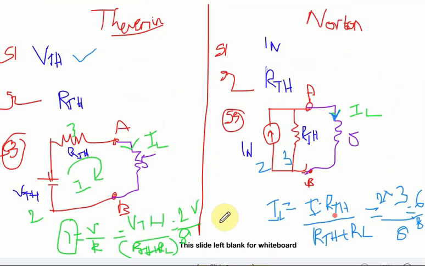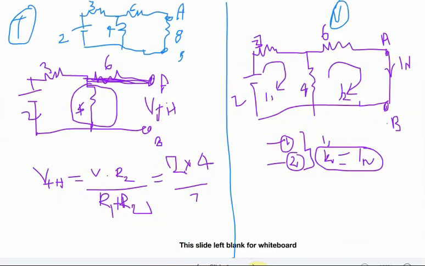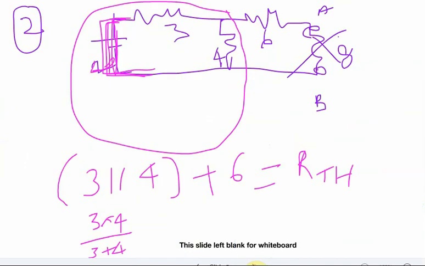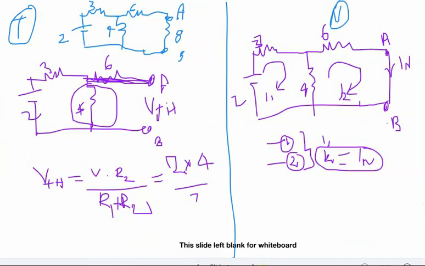Slide number 1, slide number 2, slide number 3, only 3 slides. This is what you will do for the homework.